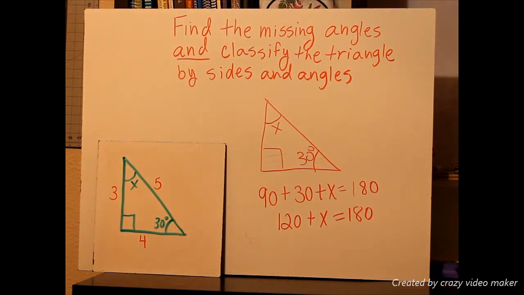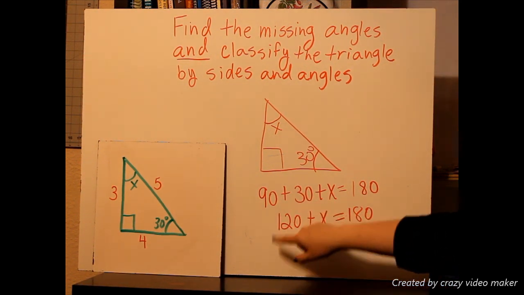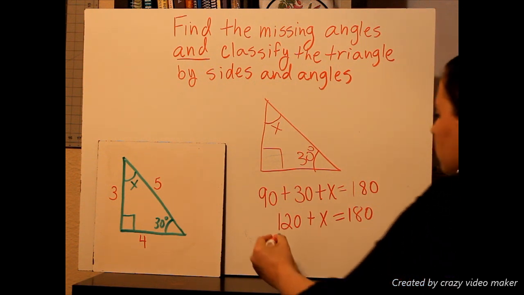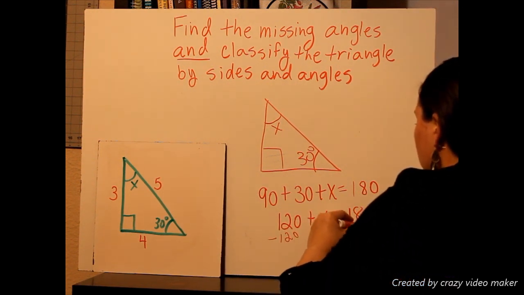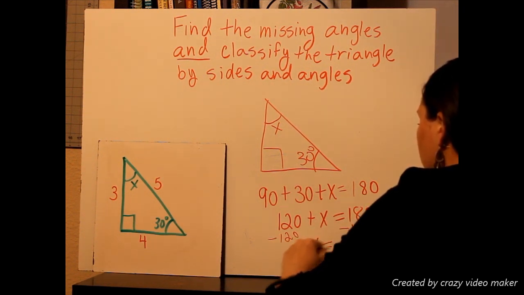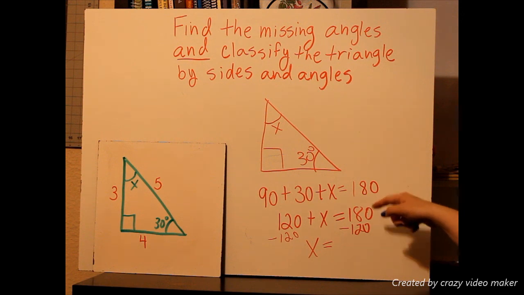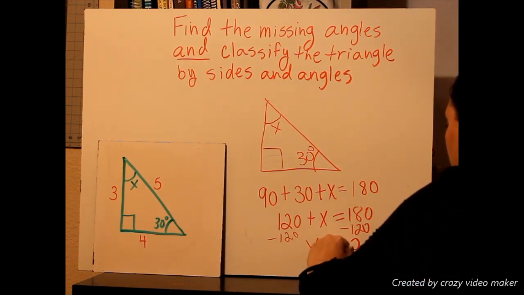And now this is just like a one-step equation. To get rid of the 120 with the X, we are just subtracting. So minus 120, minus 120. So we can see that X is equal to 180 minus 120, which is 60.